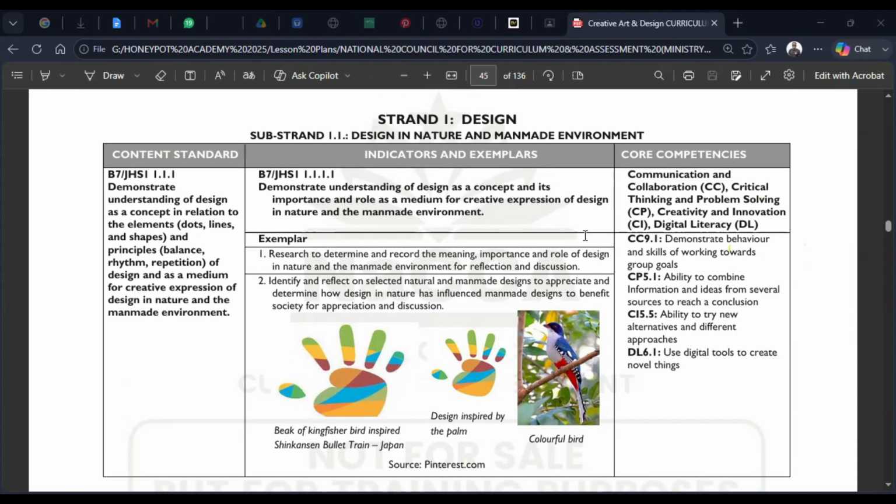So we all know the importance of design. Now, there's a difference between importance and the role. So, all the learners in Honeypot are important.